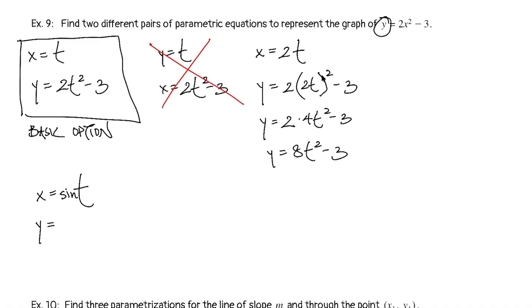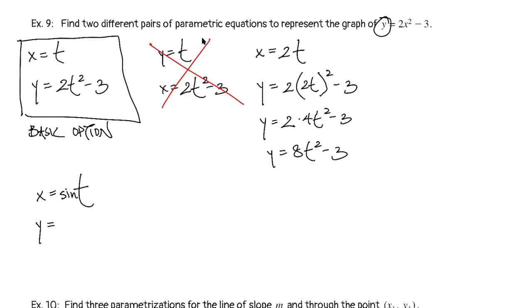Would you just... Go for it. I was going back towards identities. I don't think you need the identities here. What did you do? 2 sine squared t minus 3.